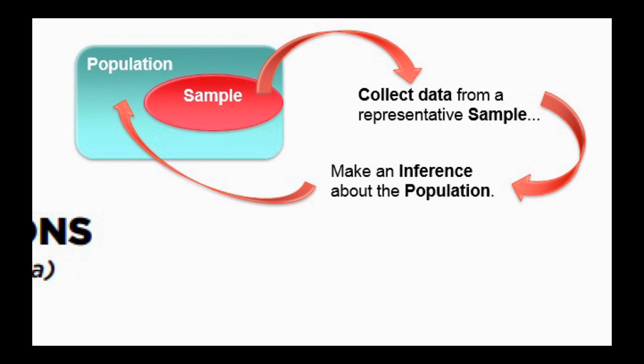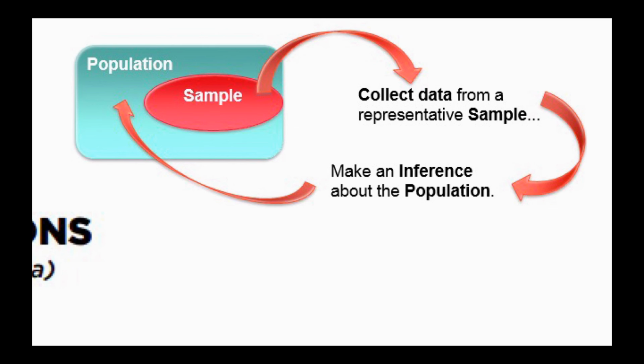So if my population is students in room 87 during period 7, my sample, I could randomly take a sample of 3 or 4, right? If my population is all students at Central High School, now you're talking close to 1,000 students. So my sample could be like 100 or 200 or 50 or 20.